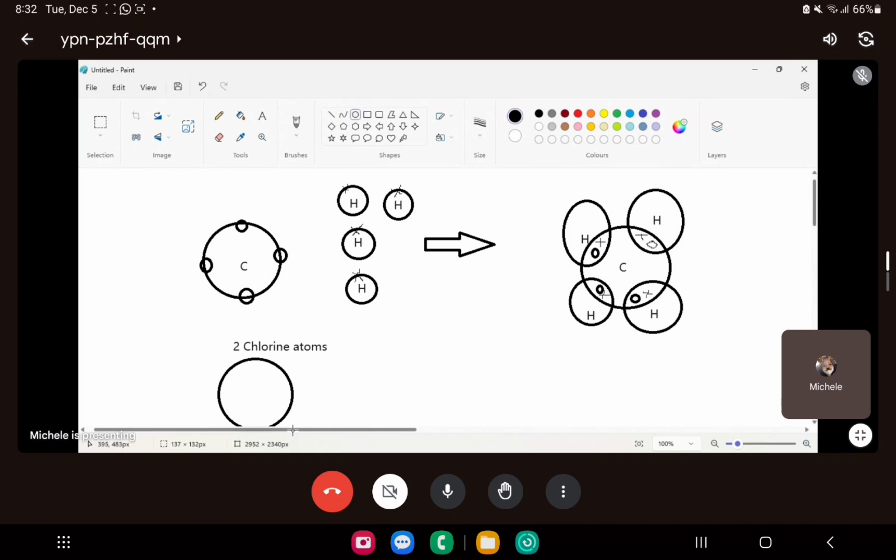So I'll give you a question. How about if you combine gallium with fluorine? Gallium, fluorine, ionic. Why is it ionic?